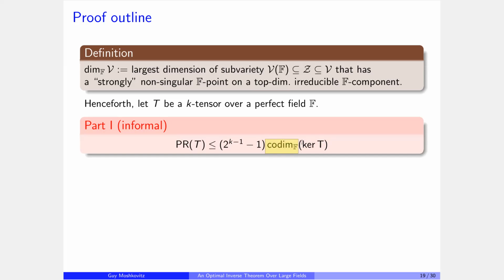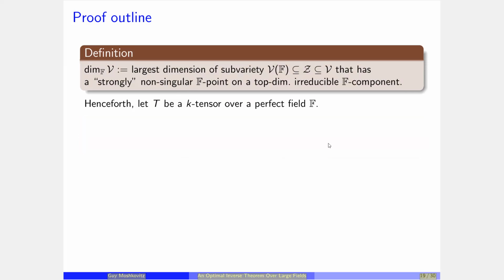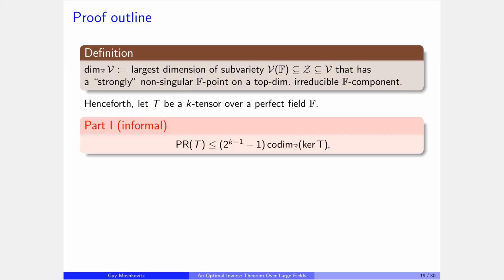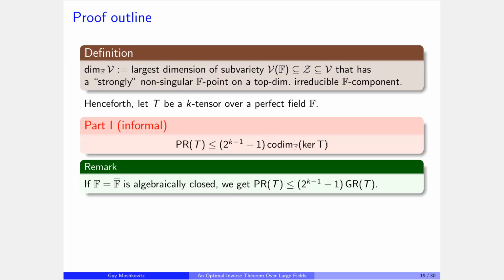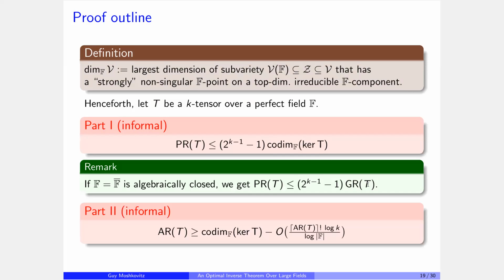So in the first part, we show that this definition that we just came up with upper bounds the partition rank. We can find a partition rank decomposition whose length is not much more than this codimension sub F. And as I said, if F is algebraically closed, then the right-hand side is just the usual notion of codimension of the kernel, which is what we call the geometric rank.